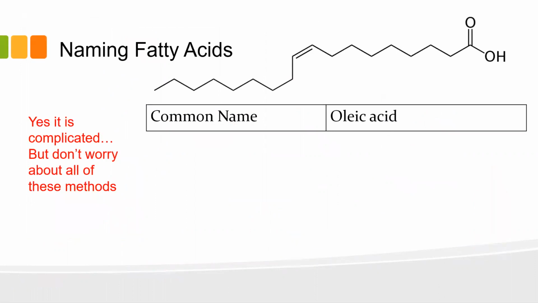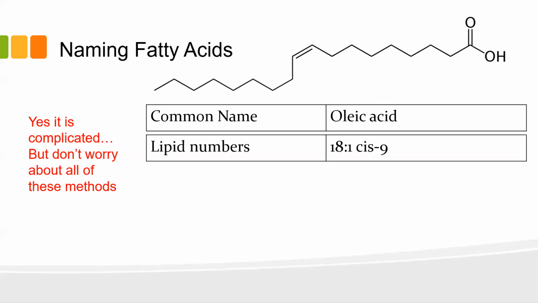I just wanted to show you one more slide, in terms of naming these things, to show you how complicated this is. I'm not concerned that you know all the names of the fatty acids. In fact, there are two that you should know, and we'll get into that much later today. They often have common names, and sometimes more than one common name.